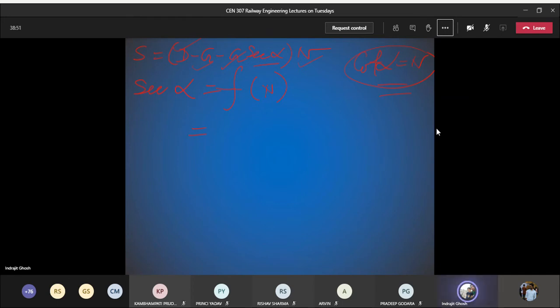Anybody want to try? If cot alpha is equal to N, how do we write sec alpha?